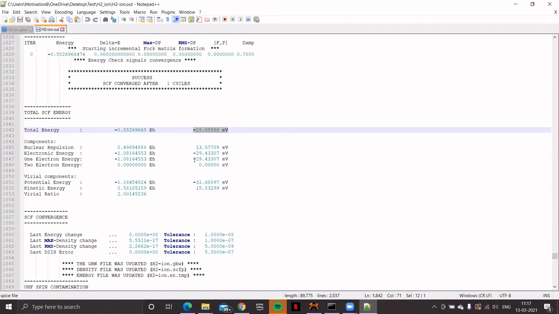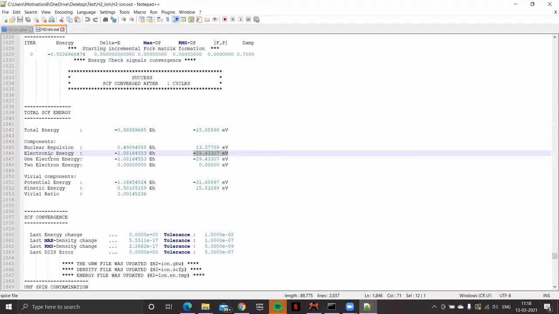They have partitioned that. Out of this minus 15.85, there will be nuclear repulsion between the nuclei, potential energy, that is 13.57. The electronic energy is the sum of the kinetic energy of the electron and the nucleus-electron interaction. So this electronic energy is partly kinetic, partly potential energy, the potential energy due to the attraction.